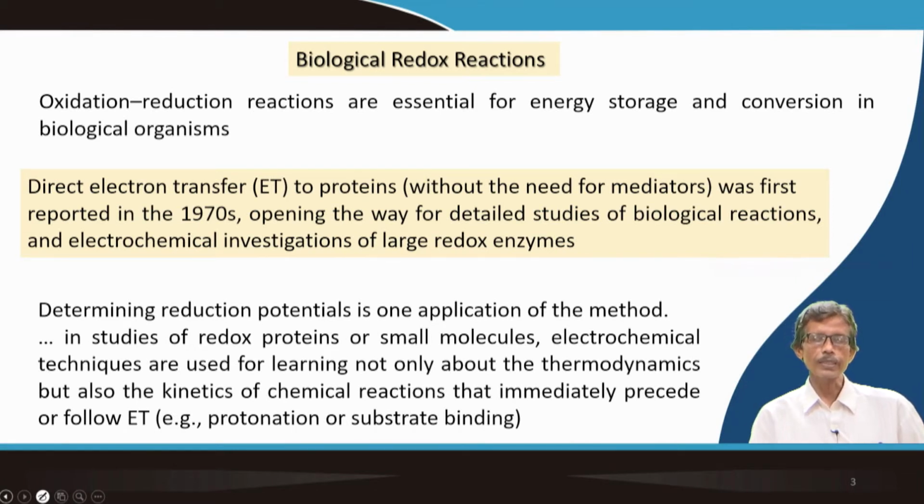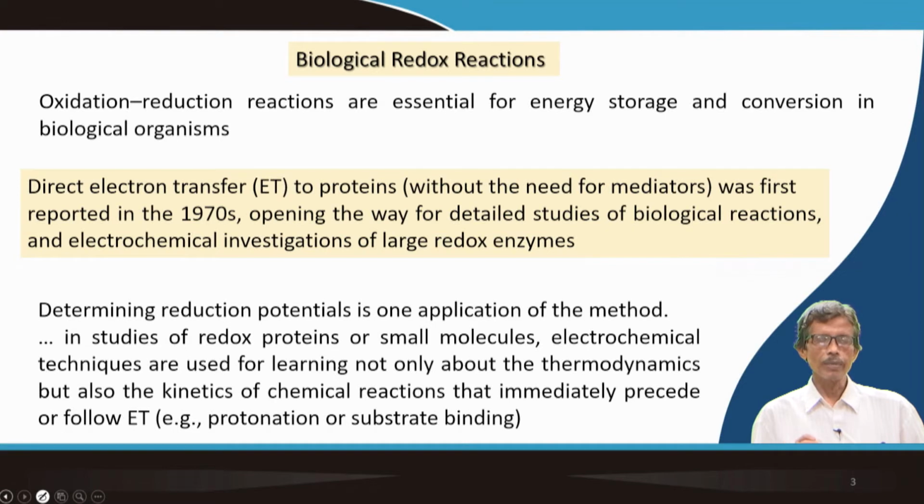We determine the reduction potentials, which is the very basic application of this particular electrochemical method of study. While studying all these things, it can be a redox active protein or a small molecule, say the metal ion itself, which is an aqua metal ion, or the metal ion inserted in a metal complex.